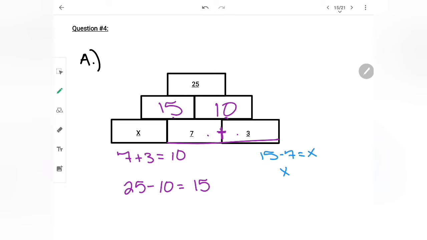And our total should be 8. So now we know that our x right here is going to be 8. And we can double check that by adding 8 plus 7 on our calculators, and we should get a total of 15. So this is going to be the answer for this table.